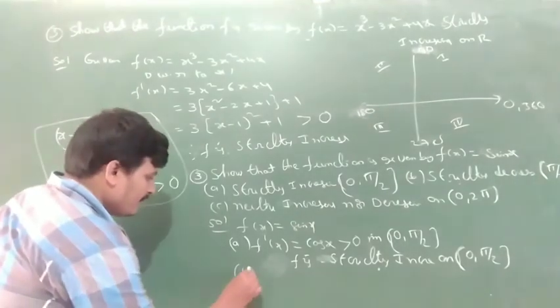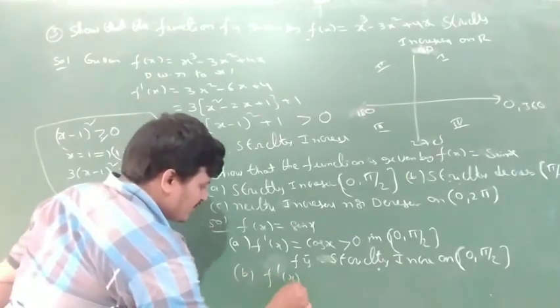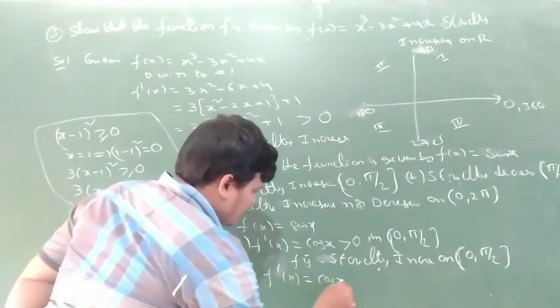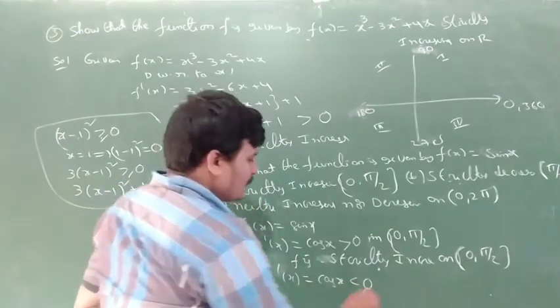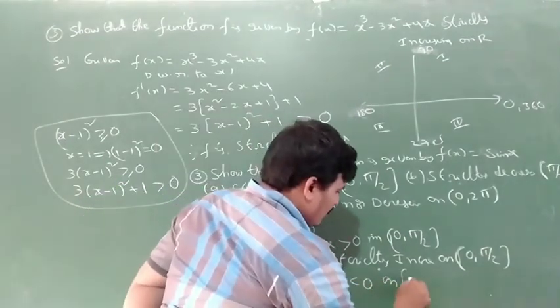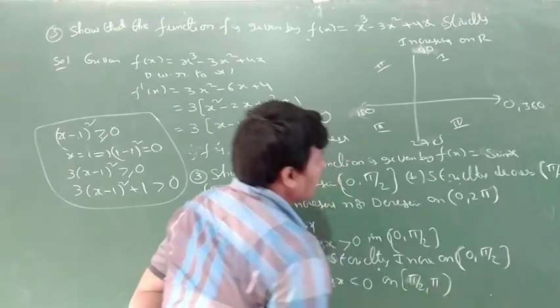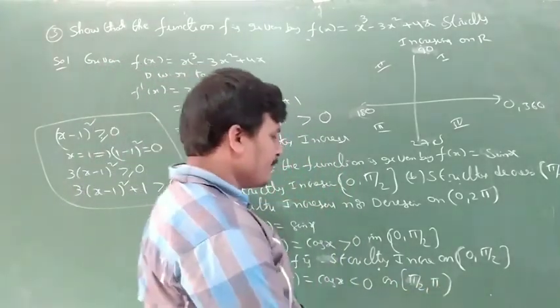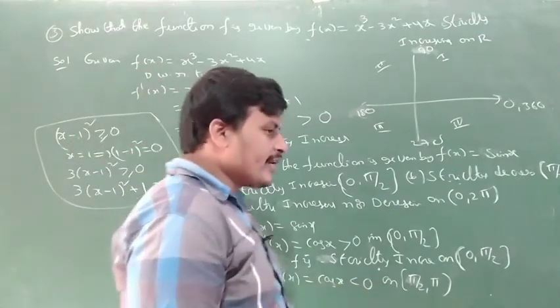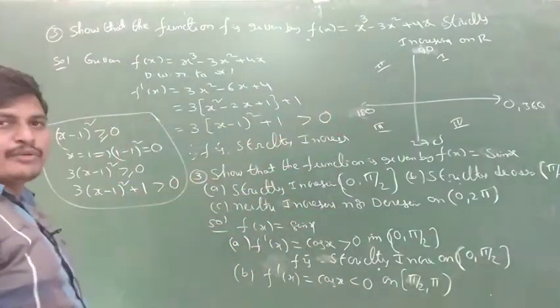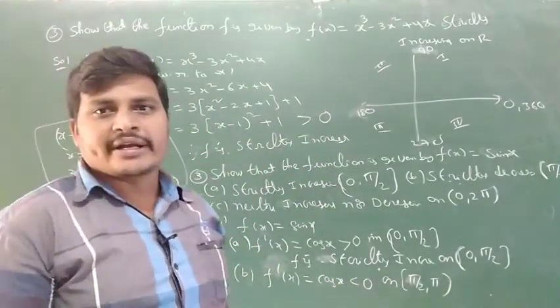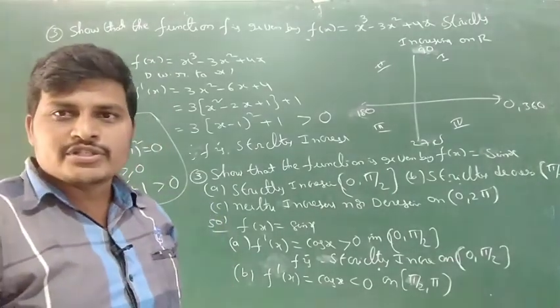B: f dash of x is equal to cos x is less than 0 on pi by 2 to pi. Pi by 2 to pi, 90 to 180, which quadrant? Second quadrant. In the second quadrant which are positive?